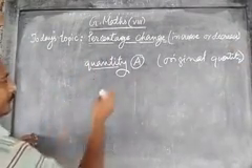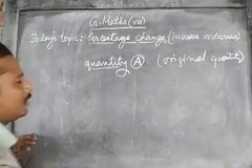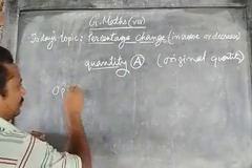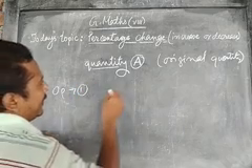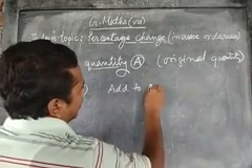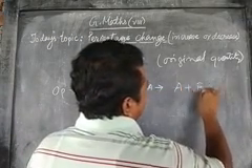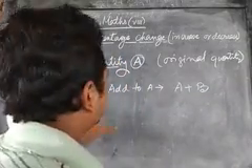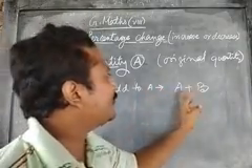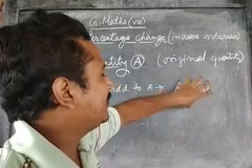Then we will do two operations on A. Operation 1: we will add something to A. So A will become A plus B. So the original quantity A has changed to A plus B. This is called change.